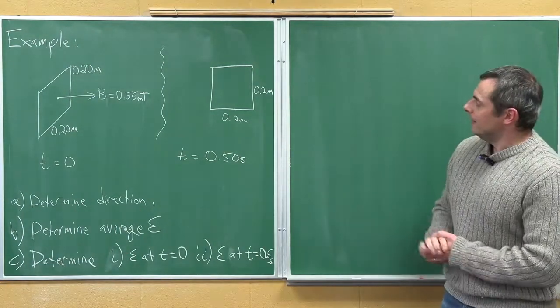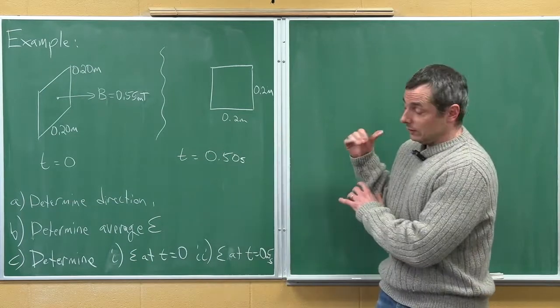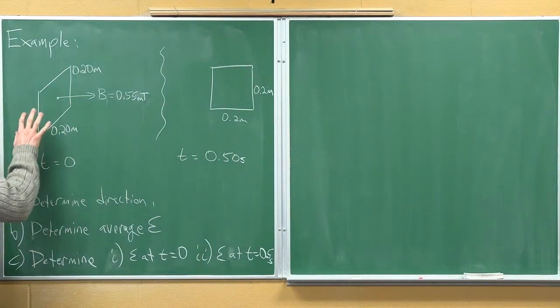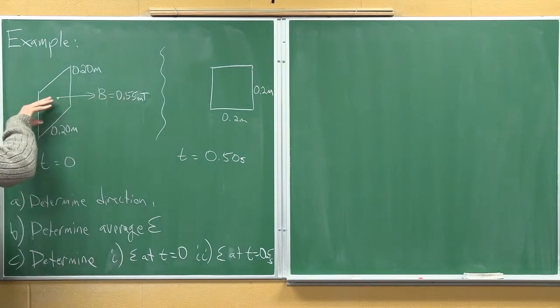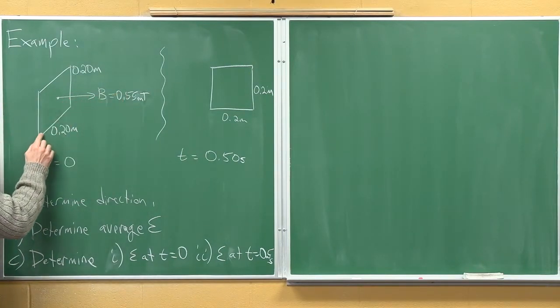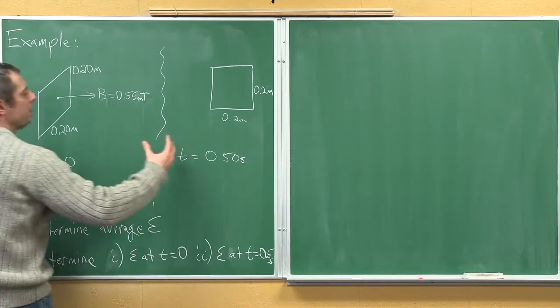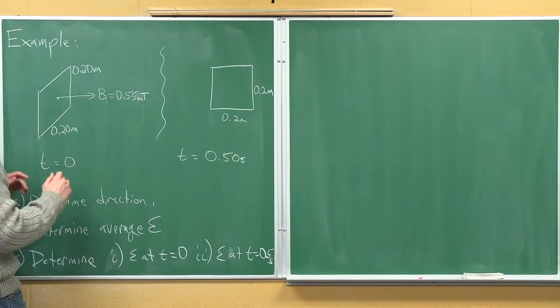Okay, so this is similar to the last conceptual example we did. I've got a loop oriented like this, and so I've got flux in the beginning because the magnetic field's coming through this loop that's a square, 0.2 by 0.2 meters at time equals 0, and at half a second it's rotated 90 degrees.